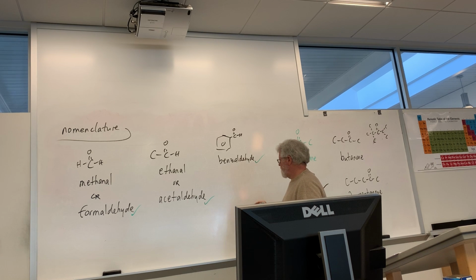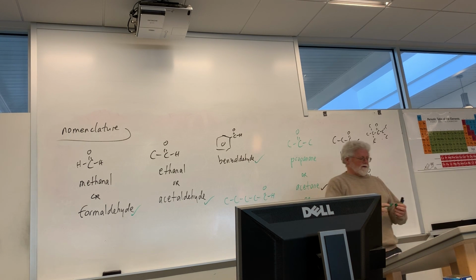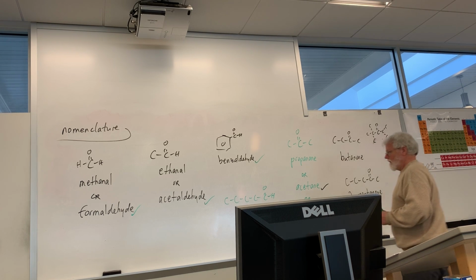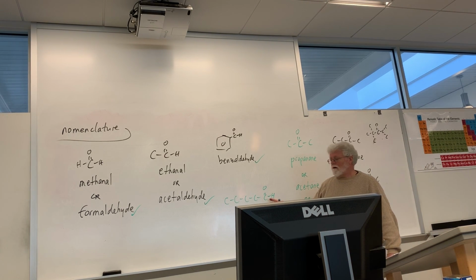And here's something else you need to know. With aldehydes and ketones, for that matter, with carboxylic acids, esters, amides, with any carbonyl-containing compound, a very common thing, numerically, this would be carbon 1, this would be carbon 2, 3, 4, 5, and so on.